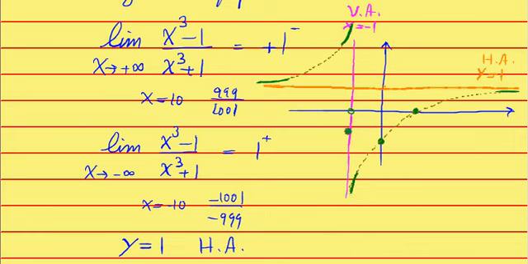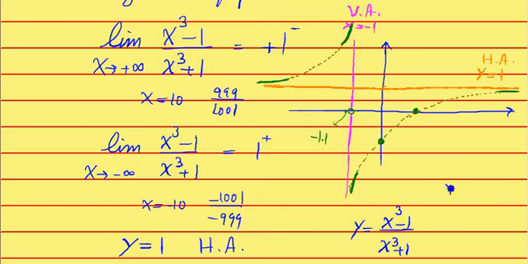Well, easy to test. Pick a point near your vertical asymptote. Remember, this was at -1, so you can pick a point here that's going to be like -1.1. Plug it in the equation that you have. Let me write it here. So our function was x cubed minus 1 over x cubed plus 1.